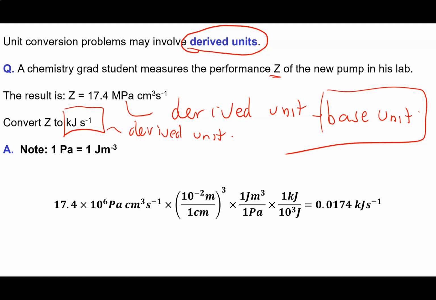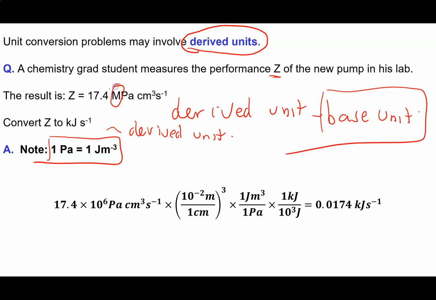So I put into Google, Pascal derived unit, and then I went to the Wikipedia page and I got this handy equality that says that 1 Pascal equals 1 joule per meter cubed. And so that's my missing piece of information, isn't it? Because that's going to allow me to relate pascals to joules.